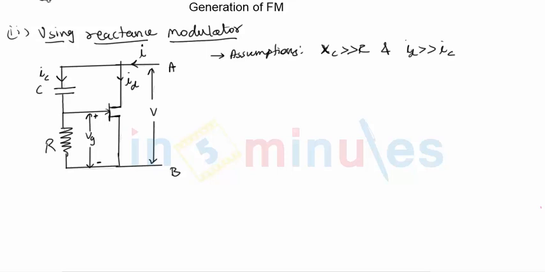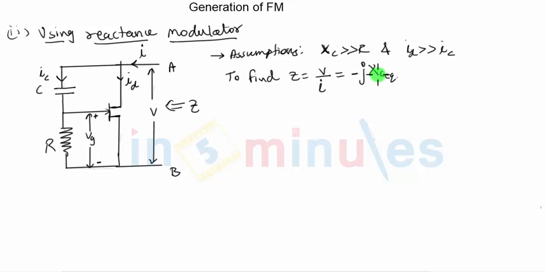To do that, we will simply calculate the impedance Z, and Z will be nothing but the voltage across A and B, which we are calling V, divided by the current entering through node A, which is called I. So in the analysis, we will have to find the value of the impedance Z, which is V upon I. Now please remember that this V upon I must come out to be equal to minus j XC equivalent, because any capacitor will offer an impedance in the form minus j XC, where XC is the reactance offered by the capacitor.